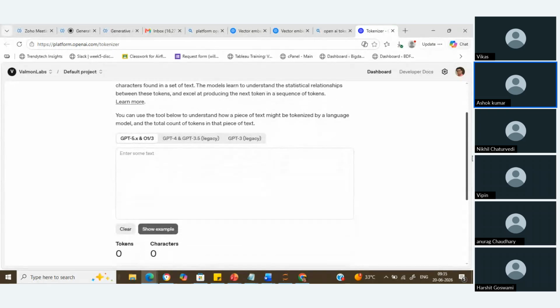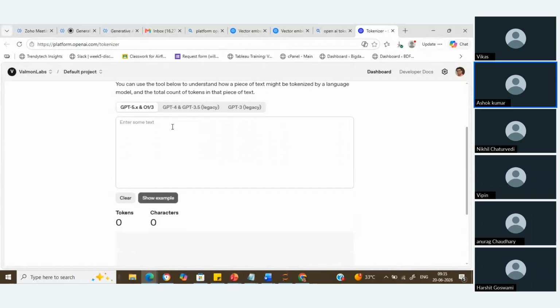We have seen this before. Let me type: Narendra Modi is Prime Minister of India. Have a look at what is happening here. First, the sentence is converted into tokens.